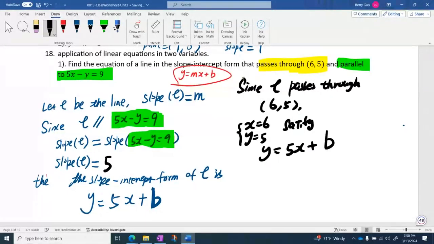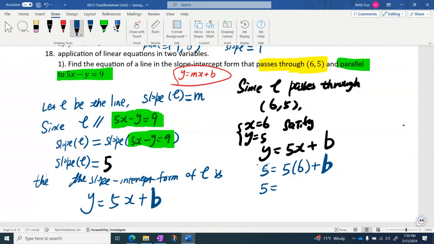Since (6, 5) is on the line, it is a solution of the equation. That means if we plug in x equals 6 and y equals 5, we get a true statement. So we plug in y equals 5 here and x equals 6 here, and the only unknown in this equation now is b.